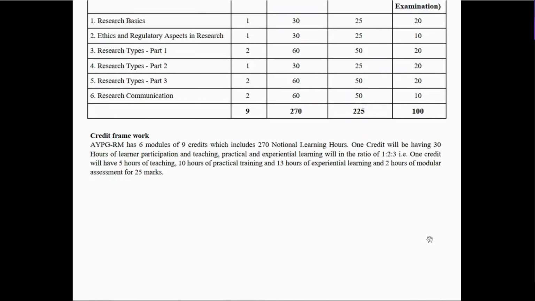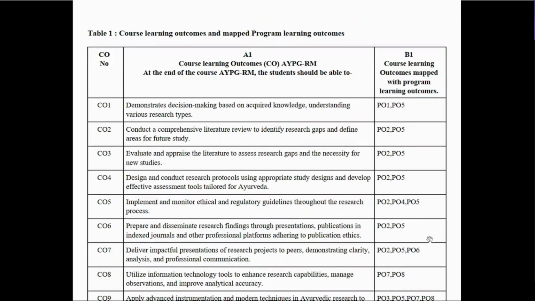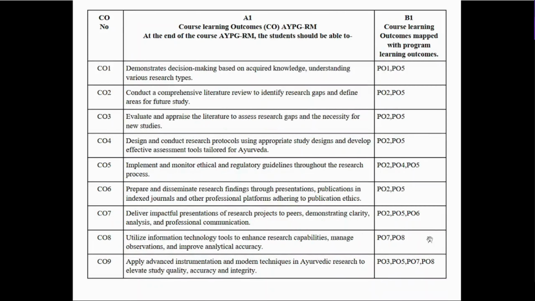Moving next, here it is given about the course learning outcomes for the whole course. What are the expectations of the syllabus design committee or the NCISM from you about this course. These are the course learning outcomes.